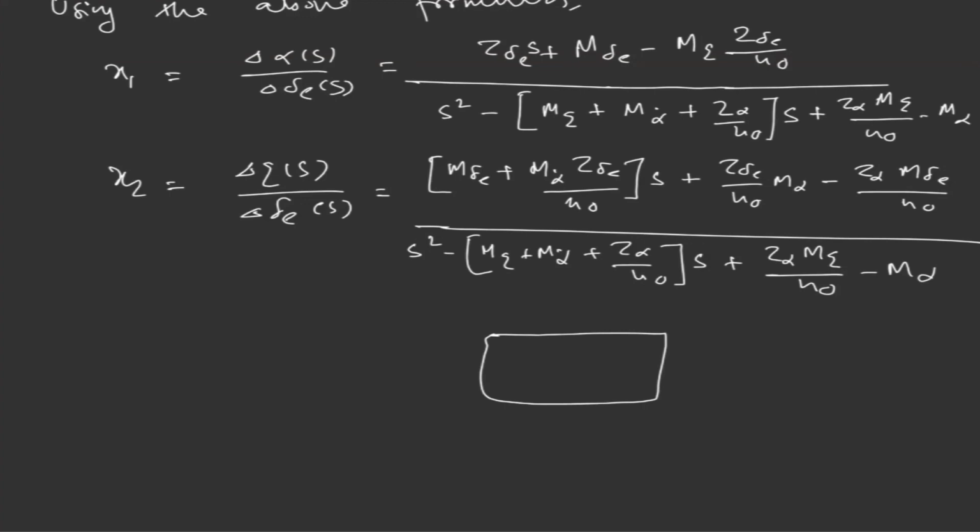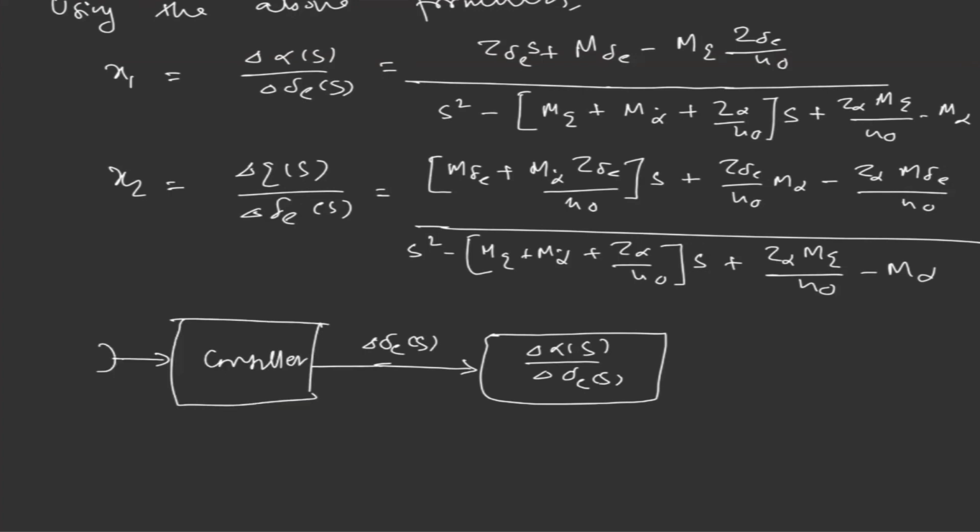So for example, if you want to control alpha S, then we use delta alpha S divided by delta E S. The whole transfer function comes into this picture, and here we can design a control delta E S, and this is the controller.